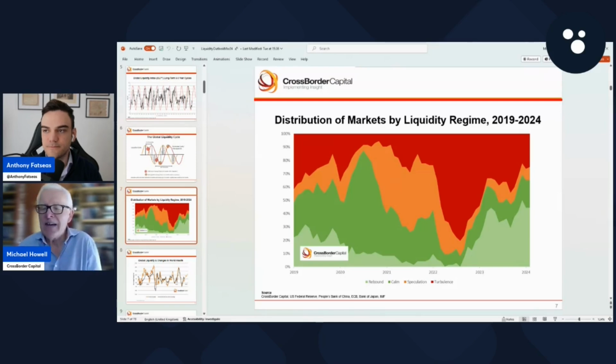And what that indicates is that the bulk of markets are currently in the green phases, which are basically distributed between what we call rebound or what we think of as calm, which are both benign areas for investment. The red area, which was dominant in mid 2022, is now fast shrinking on that diagram. It's being dominated by the green areas, which is what we like, I suppose.